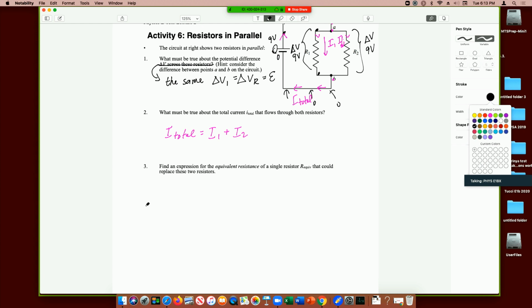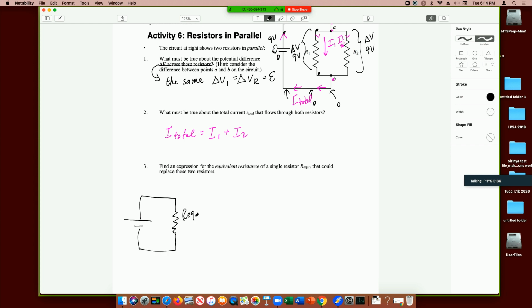So we want to have the same exact circuit, but instead of having R1 and R2, we just have one resistor that has what we call an equivalent resistance to R1 and R2. Well, what we would do is start with I total. So we would say I total equals I1 plus I2. And we know from last lecture, Ohm's law, right?